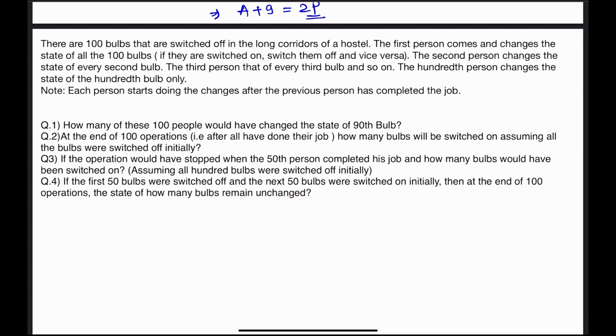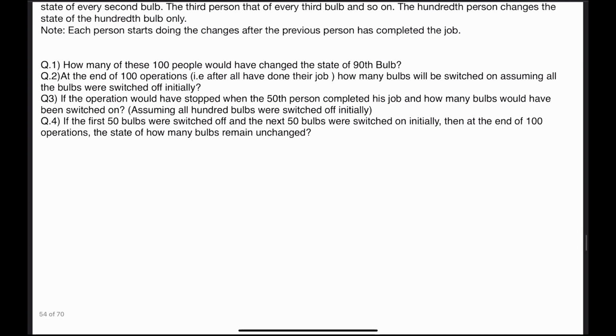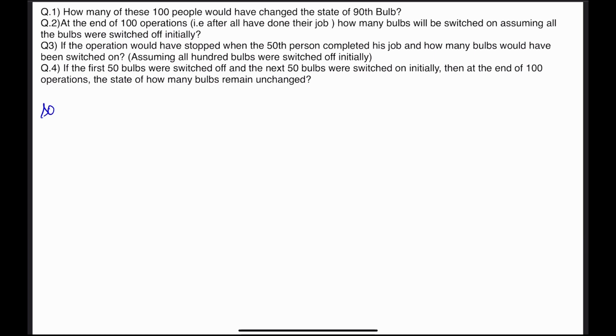First of all, let's try to understand what the question is saying. Let's just think that this is the lane of the hostel.